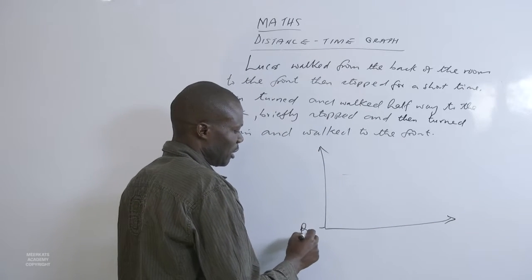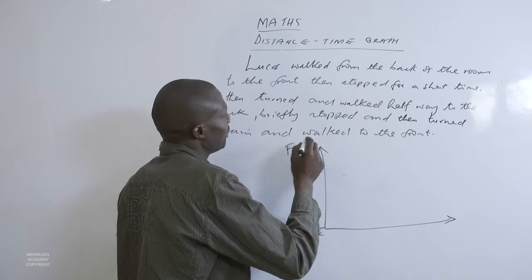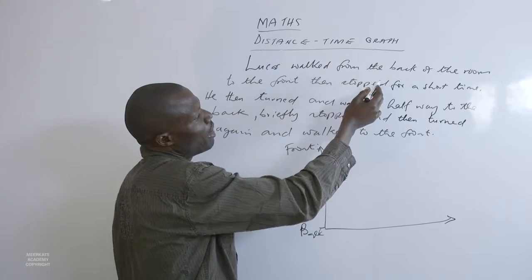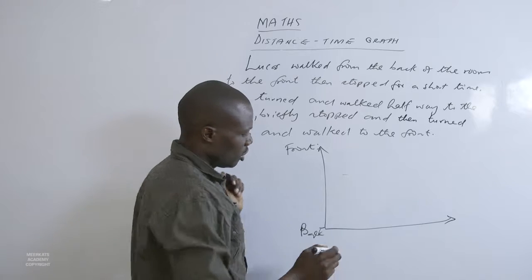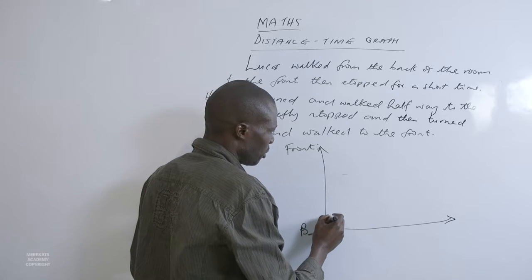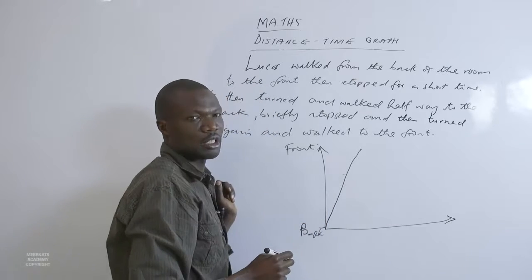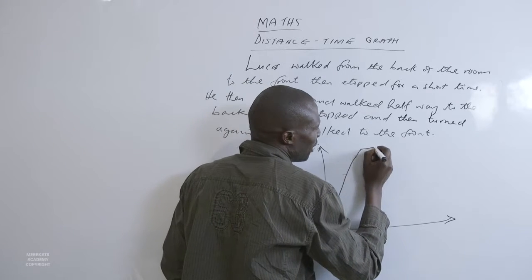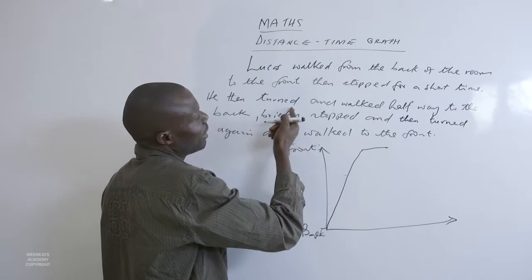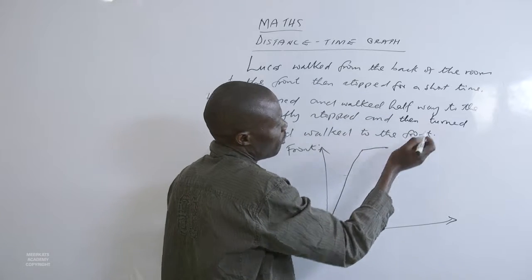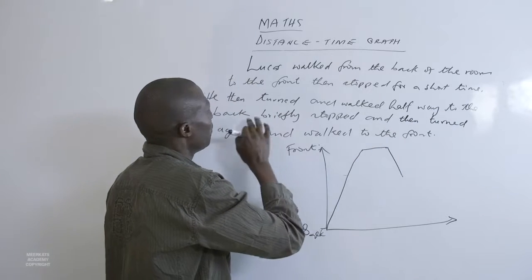I've said ours here is the back and this is our front, right? So Lucas walked from the back of the room to the front and stopped. So I'll expect to start from the initial point to the front. See that? Stopped for some time, for a short time, and he then turned and walked halfway to the back.